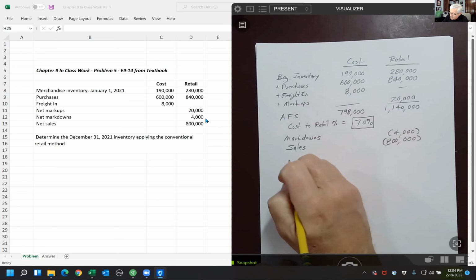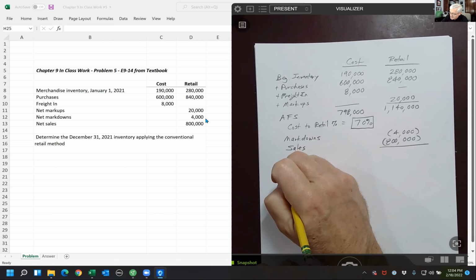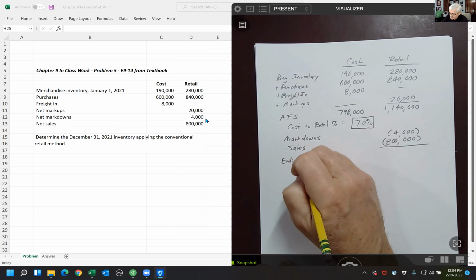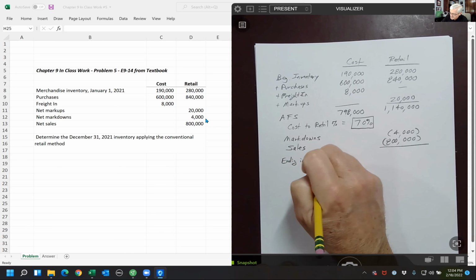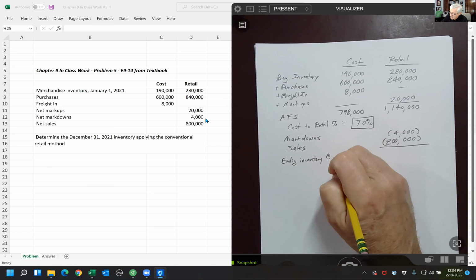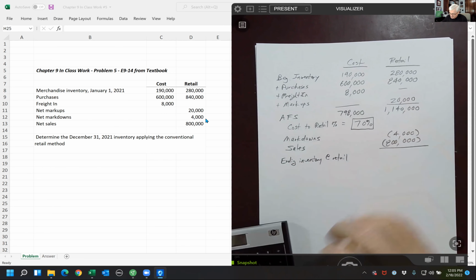So we can now do ending inventory at retail, and that's 1140 minus 4 minus 800.